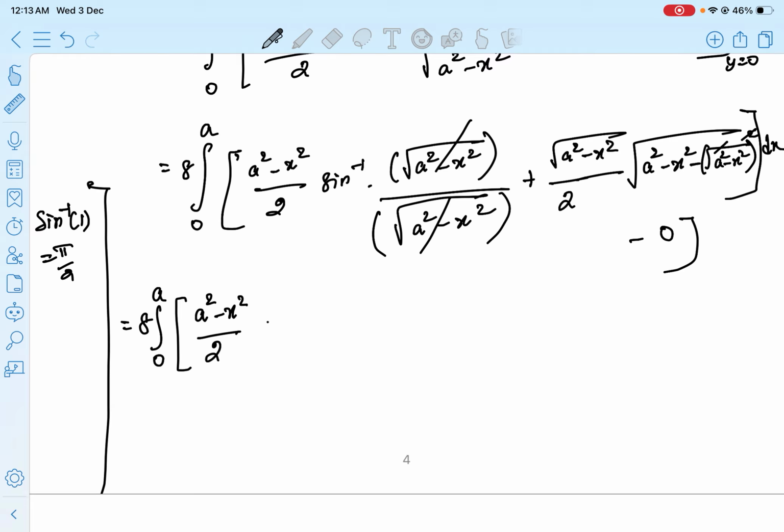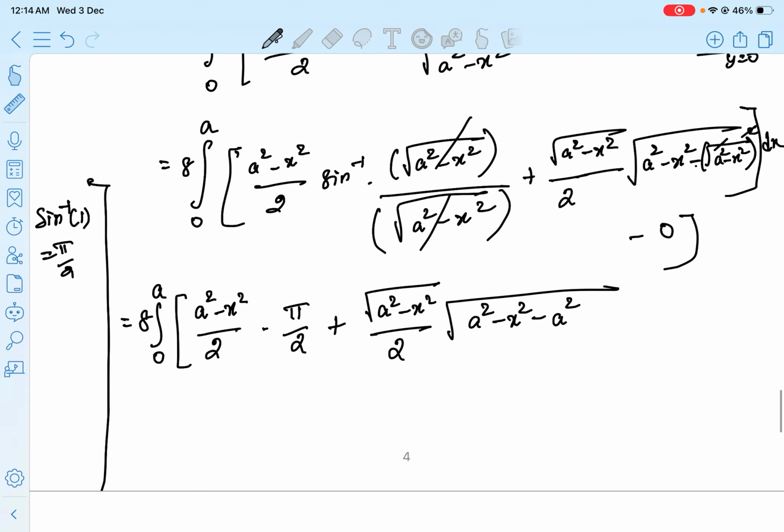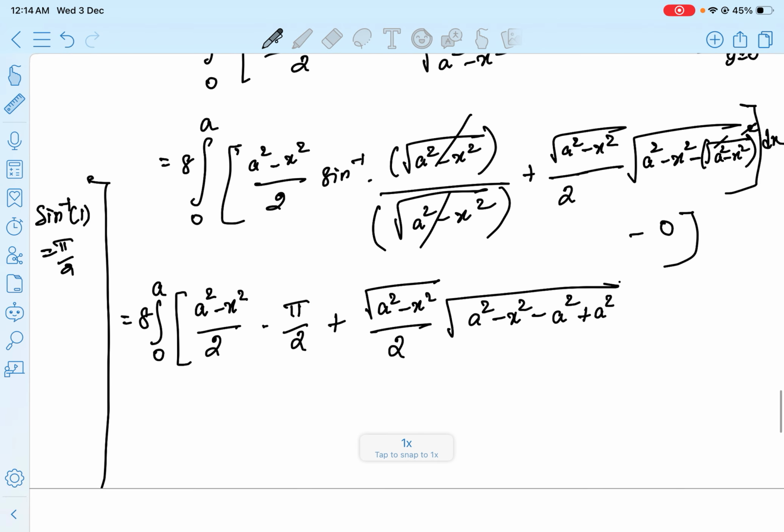So I am going to write it as into pi by 2 plus root of a square minus x square by 2. Here what we have, root of a square minus x square. So we have minus here, and this one becomes minus a square, and minus here this will become plus a square into dx.